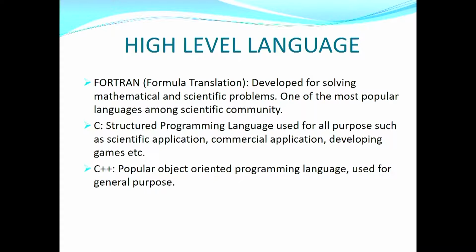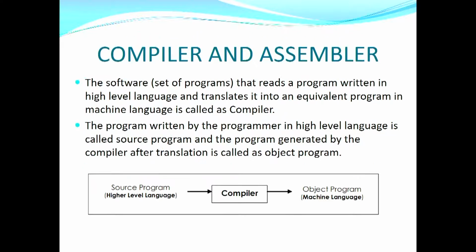C is again a structured programming language used for all purposes such as scientific applications, commercial applications, developing games, etc. C++ is a popular object-oriented programming language used for general purpose. These were the most common high-level languages in use today.